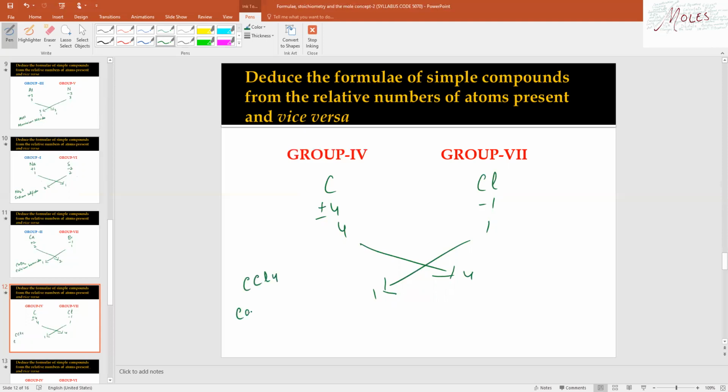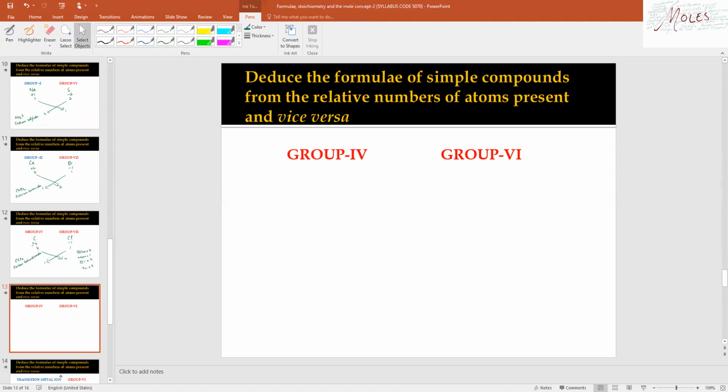The name is carbon tetrachloride. Tetra means 4. Mono means 1. Di means 2. Tri means 3.